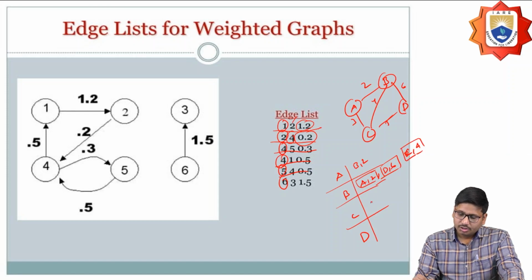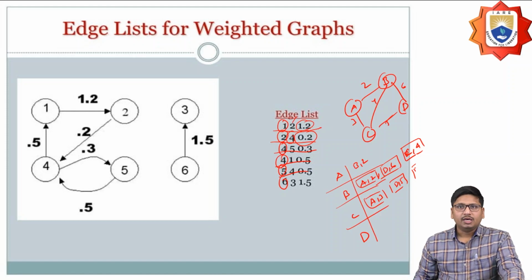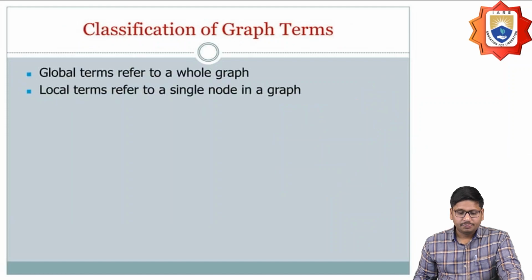If I consider C here, that should be A to C, and D5, and D6. So like this, we consider the adjacency list for the weighted graph.